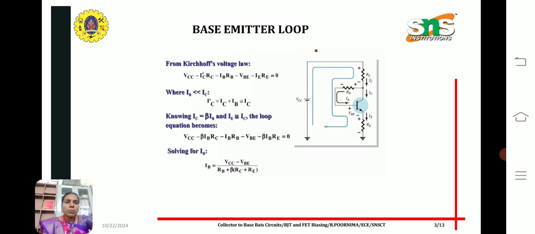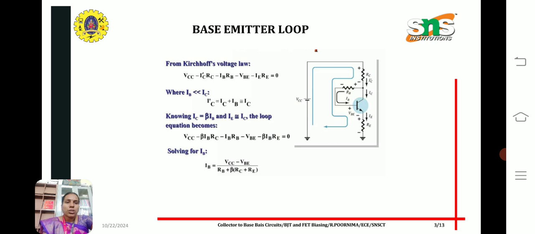For the base emitter loop, we apply KVL as VCC minus IC into RC. Through the feedback path, there is a resistance RB, so minus IB into RB minus VBE minus IE into RE equal to 0.